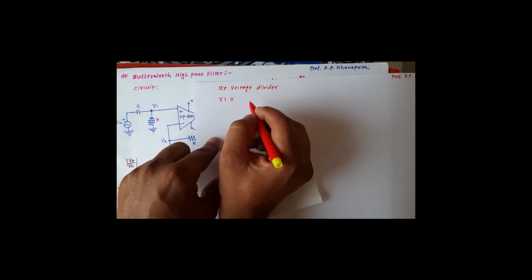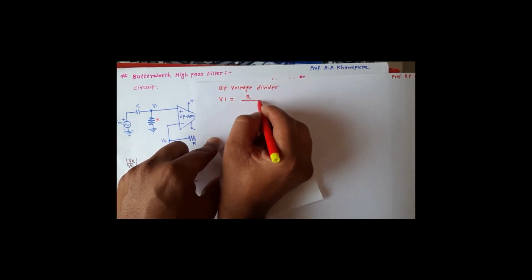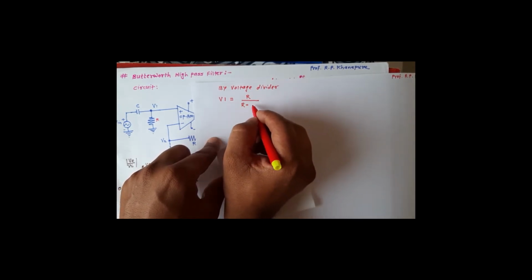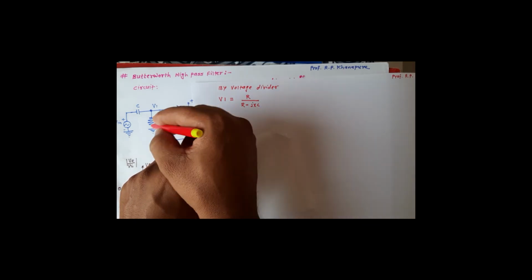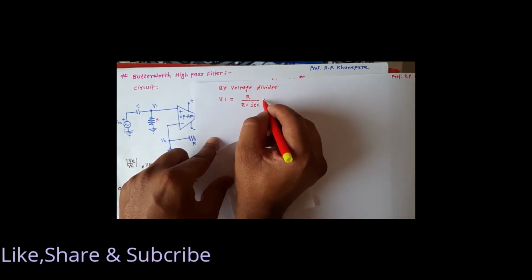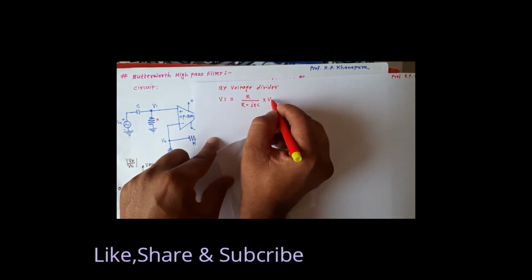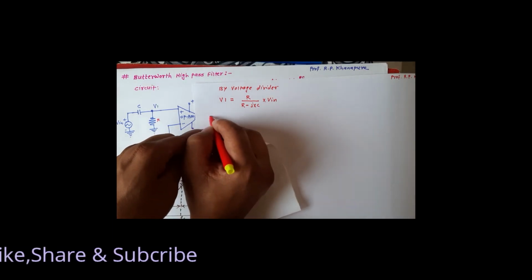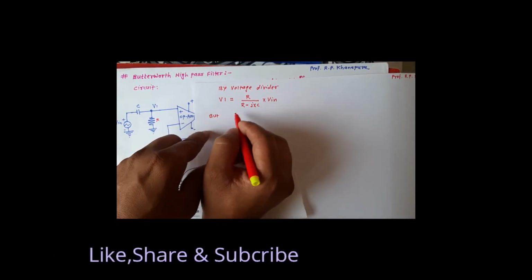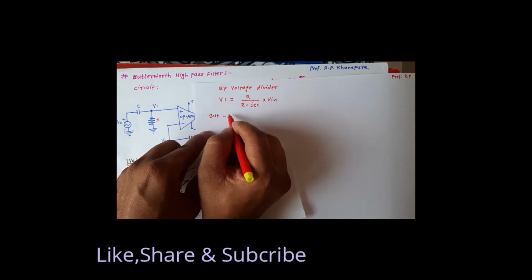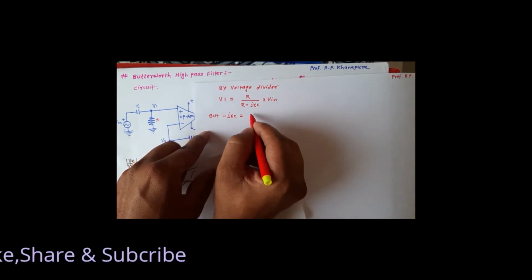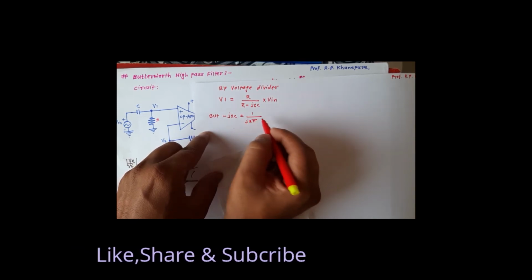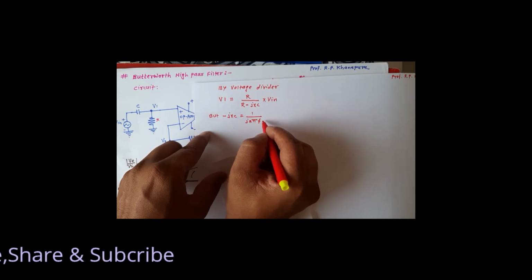So this v1 is equal to R upon R minus j Xc, into its input voltage v in. But as you know, this minus j Xc is equal to 1 upon j 2 pi fC.